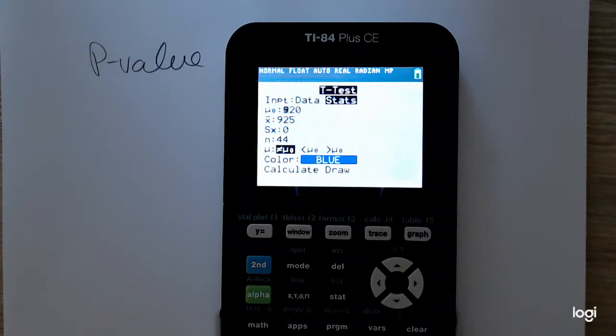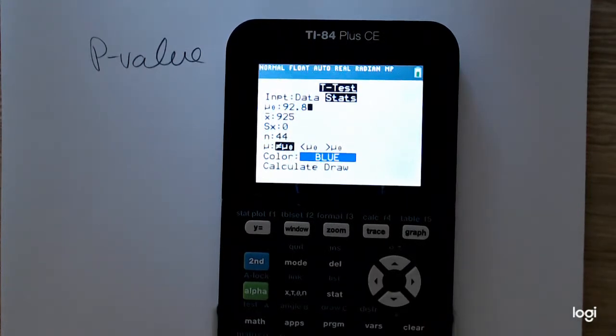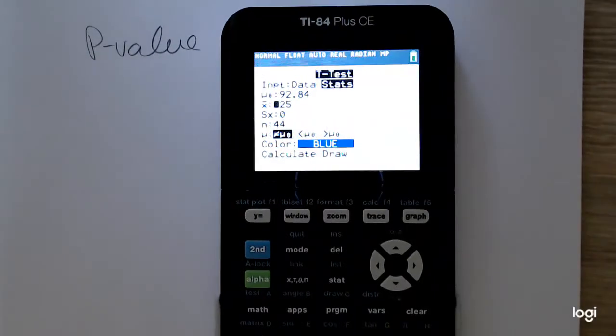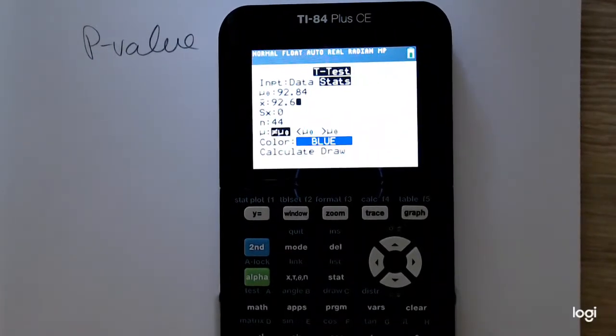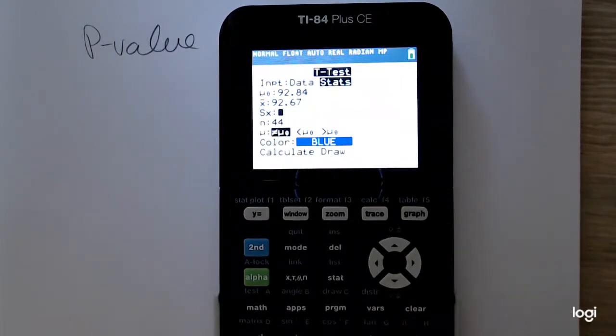It needs the value from the hypotheses, which was 92.84, and the sample mean, which was given to be 92.67. This S sub x is the sample standard deviation.